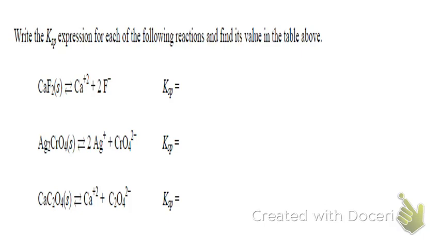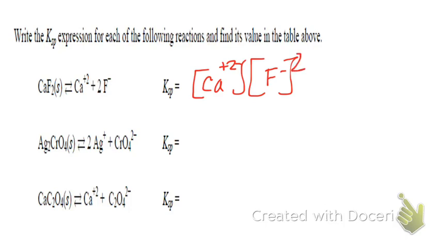Okay. All right, so write the equilibrium expression for these. And so we're just going to say this would be concentration of Ca2+, and then concentration of F minus raised to the 2. Why raised to the 2? Because of the coefficient.